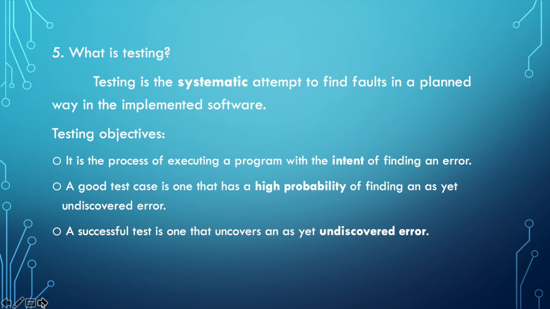So it's a systematic attempt. It is not a casual process where the QA will just attempt to try some test cases and see that it works. The purpose of the QA team is to find faults in your software in a planned way.